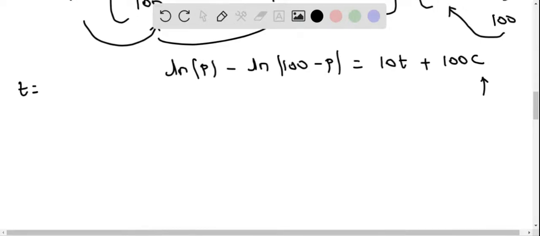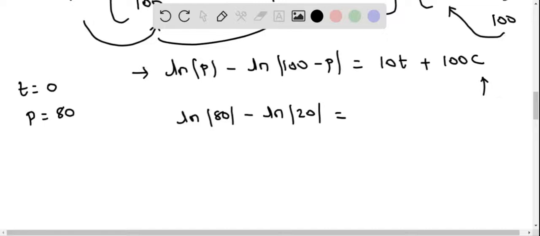We must plug in t equals 0 and p equals 80 into this equation, and this means we will get the natural logarithm of the absolute value of 80 minus the natural logarithm of 100 minus 80, which is 20. So this is the natural logarithm of the absolute value of 20. And this equals, we plug in t equals 0, so therefore this will be 0 plus 100c. This basically is 100c.